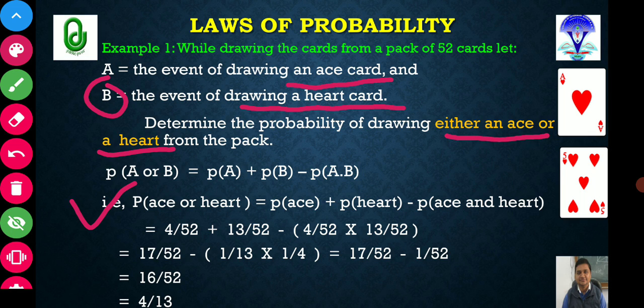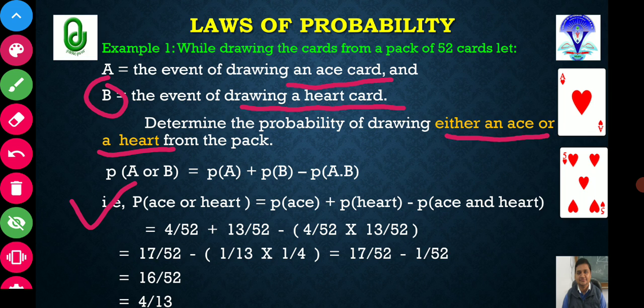Just by your previous knowledge of cards, the number of cards of each color, you can say what the probability of occurrence of ace is.